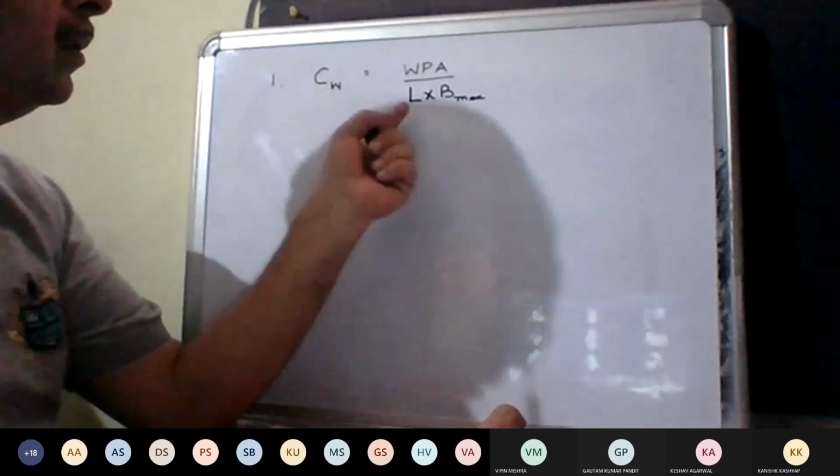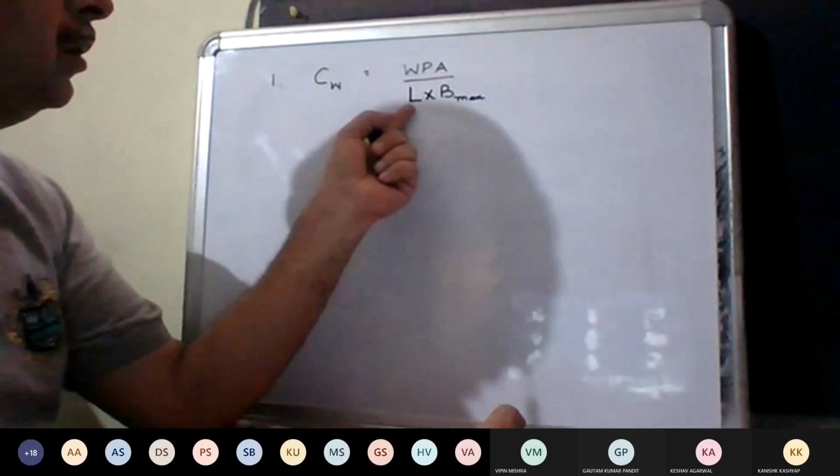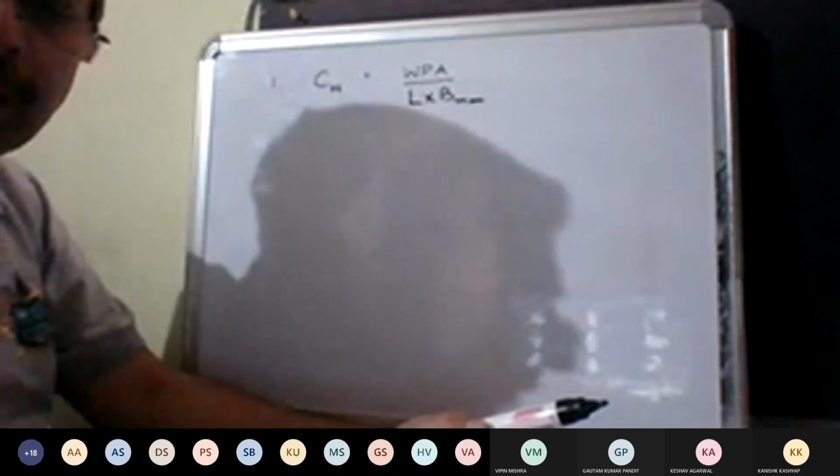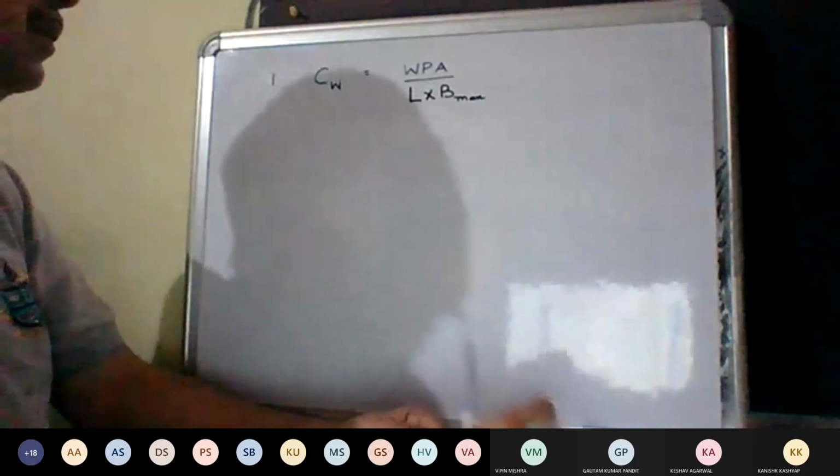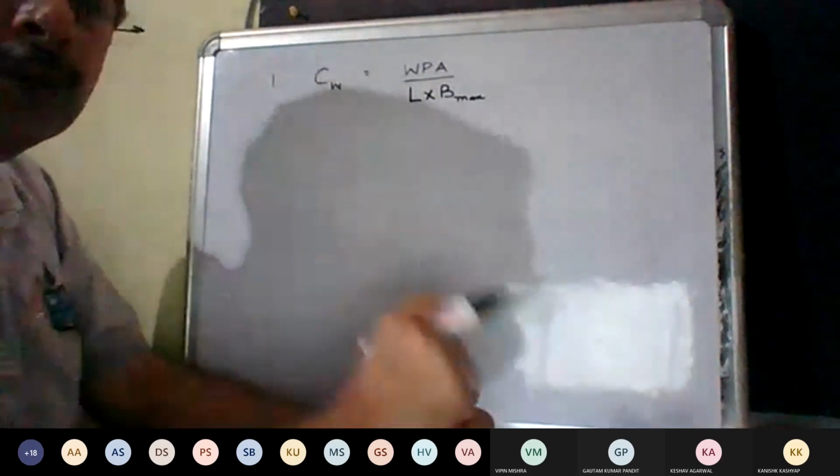Water plane area upon the rectangle having the maximum length and maximum breadth gives you CW.